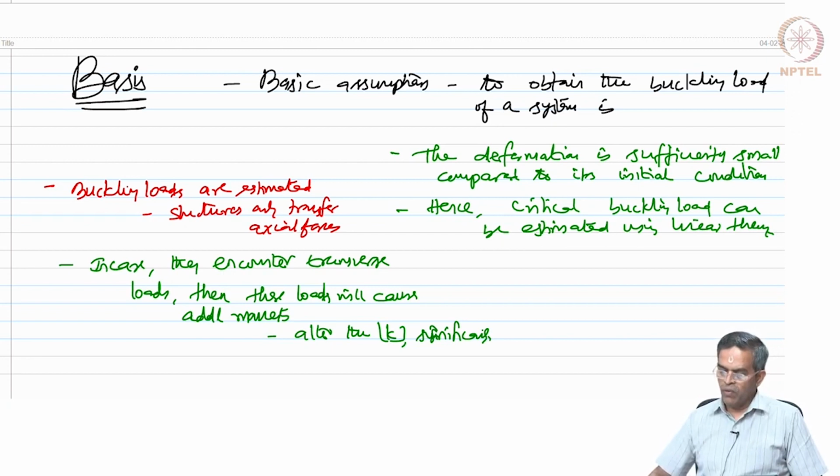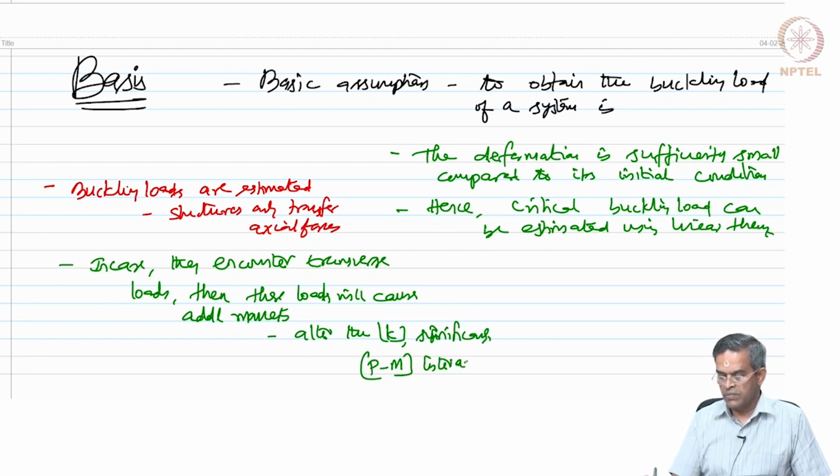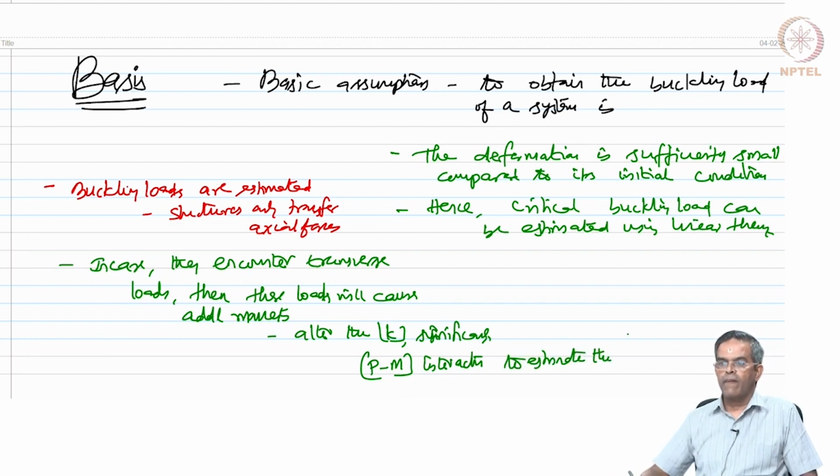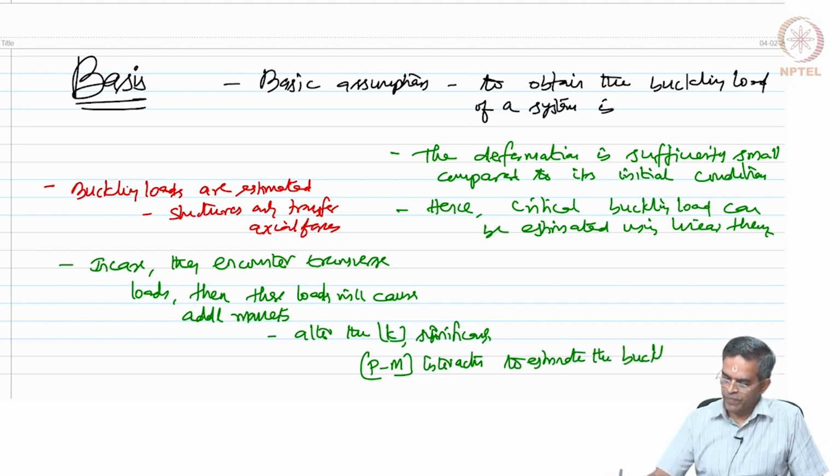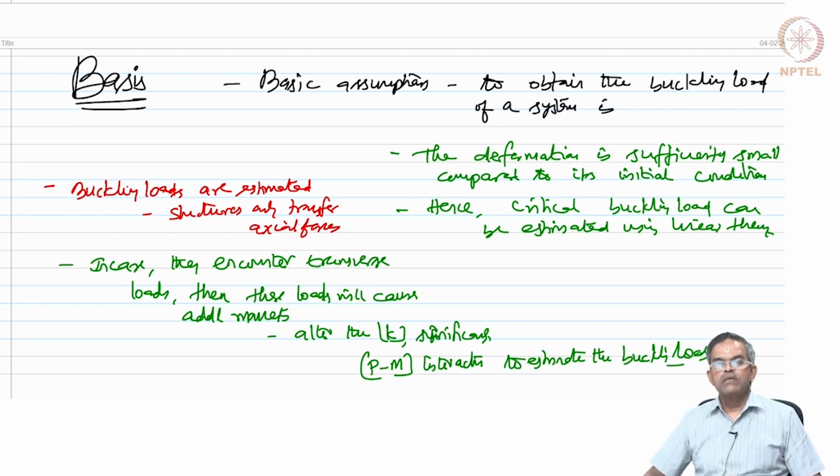Therefore, in such situation, one must use continuous PM interaction curve to estimate the buckling load. We must remember this. So, we are under the assumption the structure will encounter only axial forces. Okay. Now, let us see what is the basis.